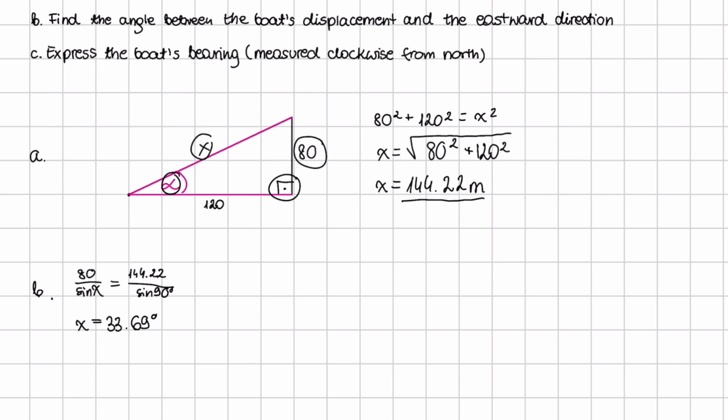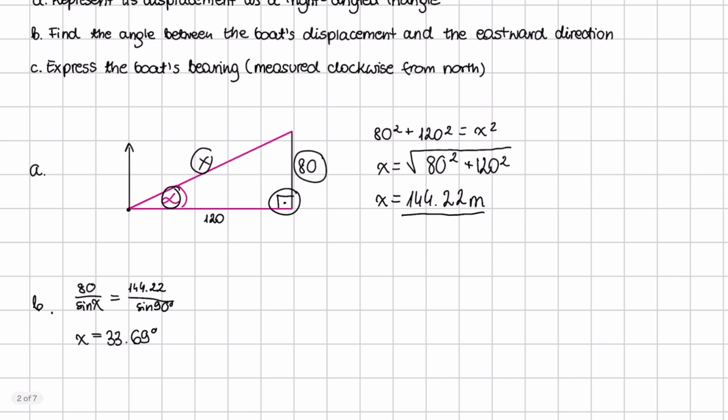And in C, we have to express the boat's bearing measured clockwise from the north. So when we are considering the bearing, we have to start from our starting point. So here is our starting point, and here we have to draw something to help us show the north direction.